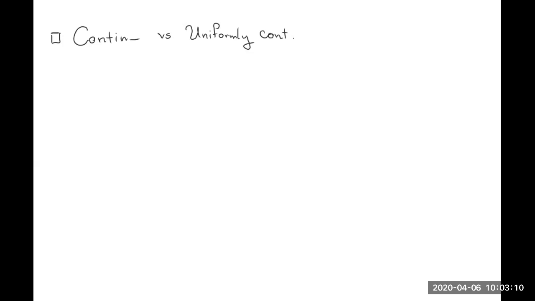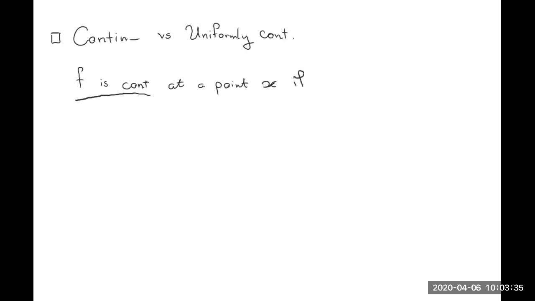Well, we know what is the definition of a continuous function. We say a function f is continuous, but it's defined at a given point. So the point about continuity for a function is that it's always defined at a point, at a given point x.